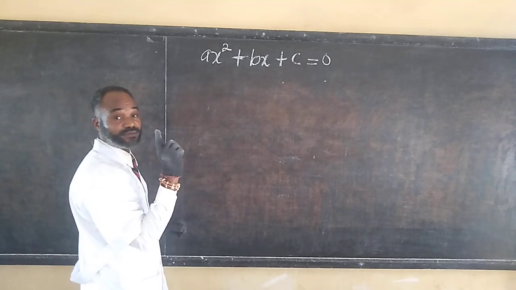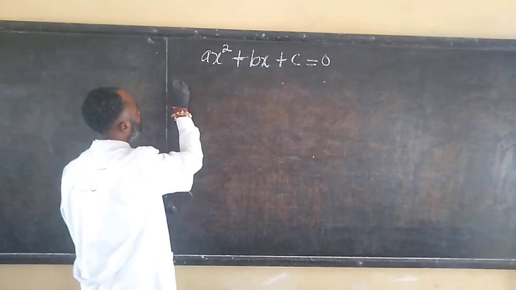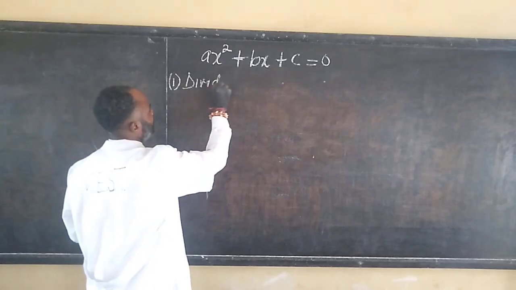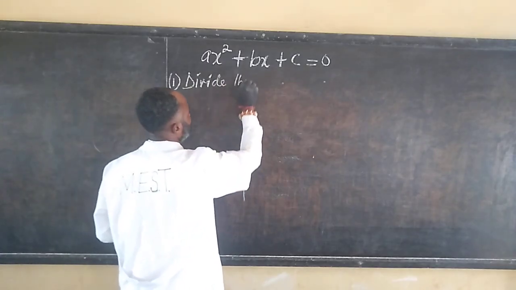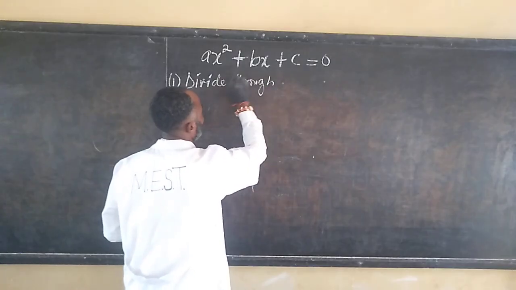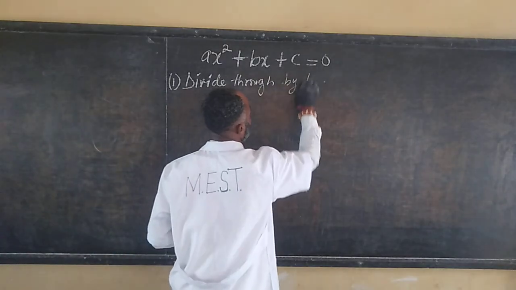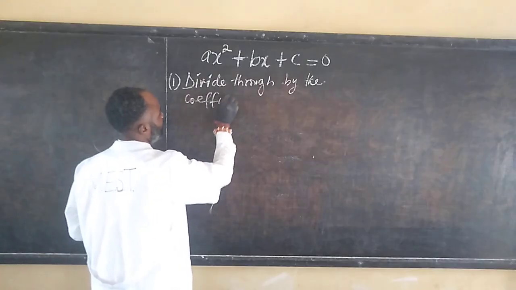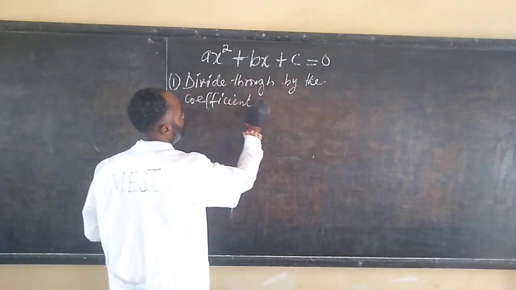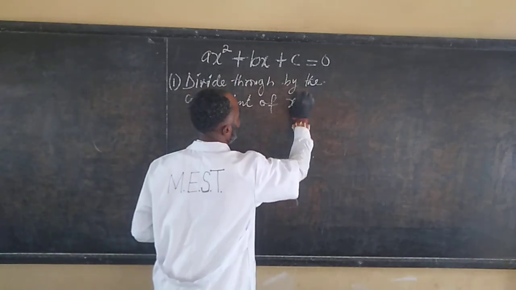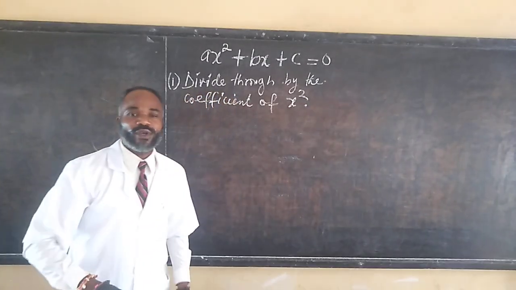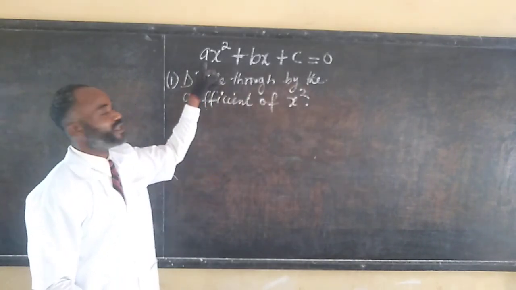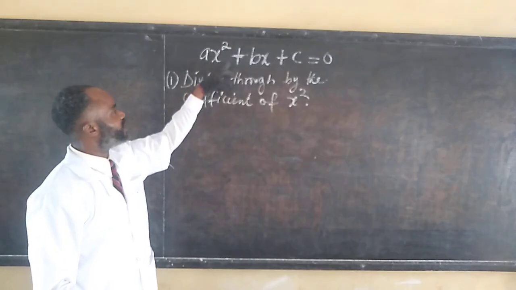That's the first thing. Divide through by the coefficient of x squared. Then the question is, what is the coefficient of x squared in this expression? It is a.